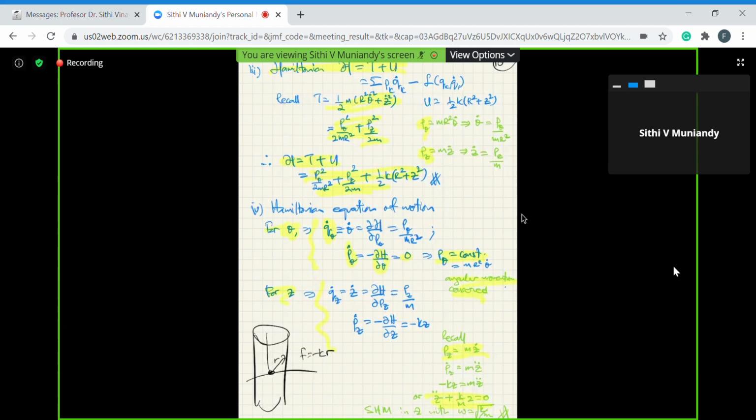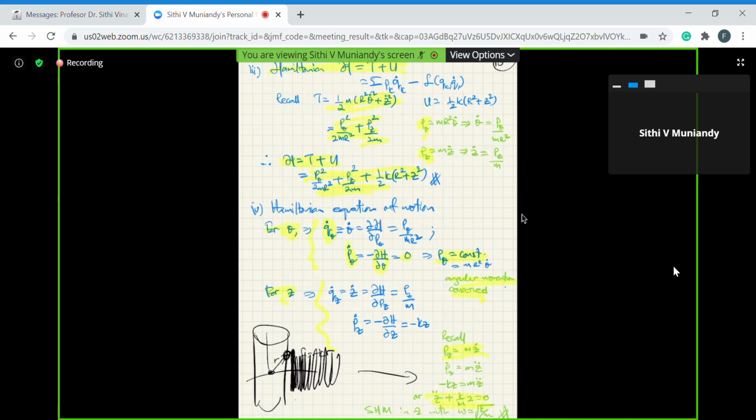So the particle will move in this direction. It will keep oscillating in this direction, and that is reflected by the simple harmonic motion in Z. It moves in Z because of this elastic force that holds the particle here.